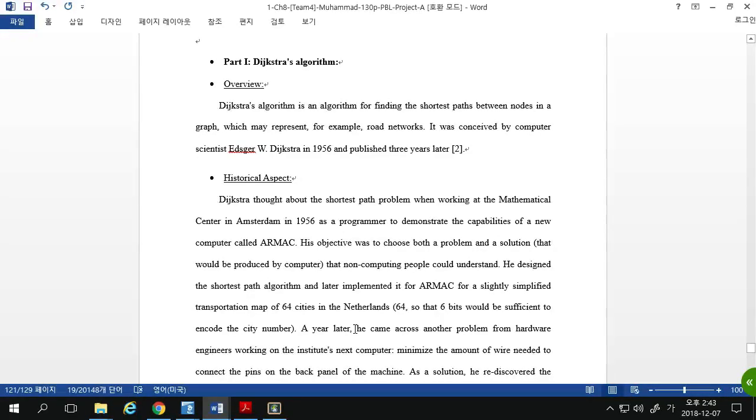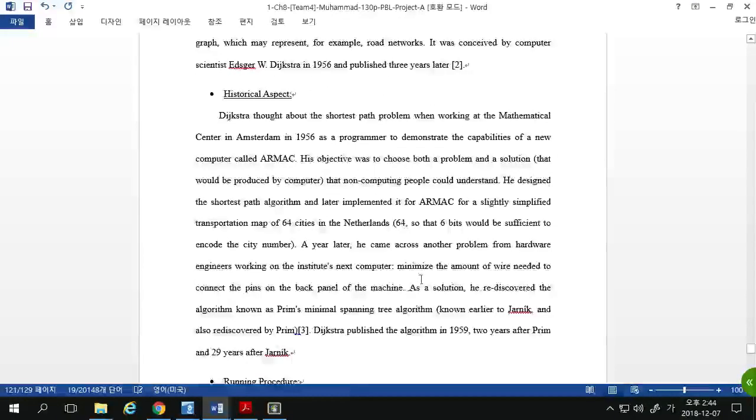It's called Armac, and the company of Armac wanted to show off that their computer can do a lot of things. So they went to Dijkstra and told him, do you have any specific problem that you can elaborate on using our computer? So he thought about using the shortest path problem, which is having different nodes and different graphs and going from one point to the other by choosing the shortest path. So this is the historical aspect.